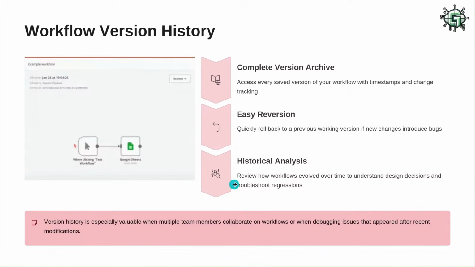If you want, you can directly use any version, or copy an older version and send it to another developer. Version history is especially valuable when multiple team members collaborate on workflows or when debugging issues that appeared after recent modifications.